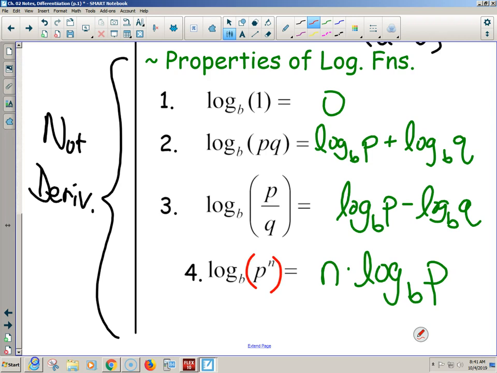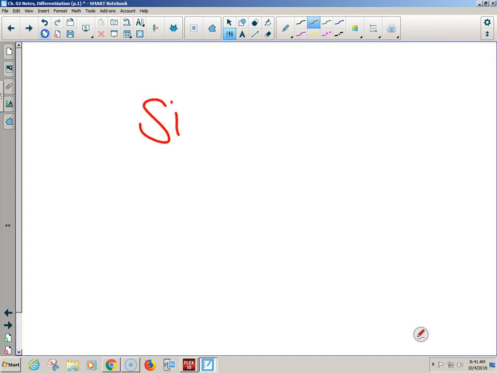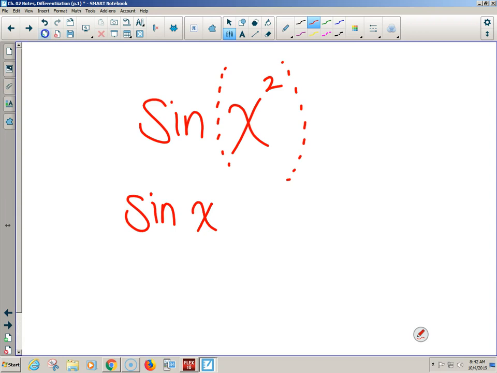Speaking of understood parentheses, CalcAB, was it in homework last night you saw sine of x squared? Last night when you saw this, what did it have to mean? There's only one way of reading it. Where were the parentheses? They weren't there. But they're understood. It's sine of x squared. Question, what if I was to write something like this? Where are the parentheses?